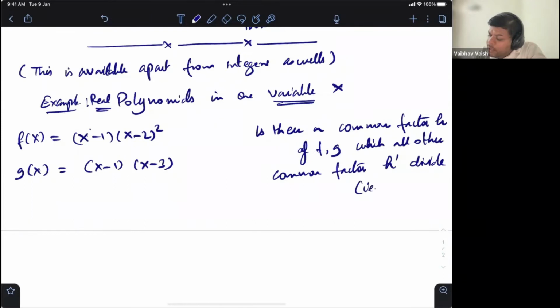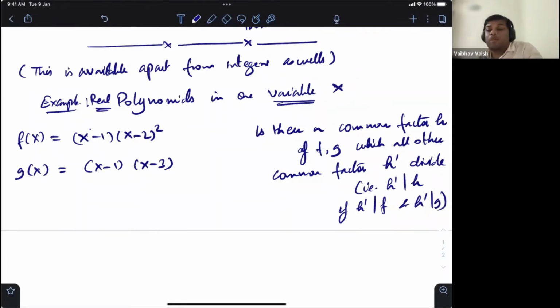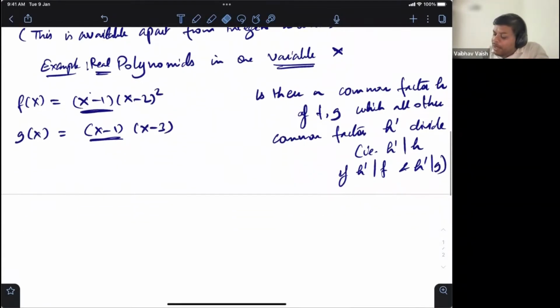That is, h prime divides h if h prime divides f and h prime divides g. It turns out there is one such common factor. In this case, that common factor is clearly x minus 1. If there is a common factor of f and g, it is either a constant, which is 1, or it is x minus 1. But the way I have written the polynomial, it was easy to read off such common factors.